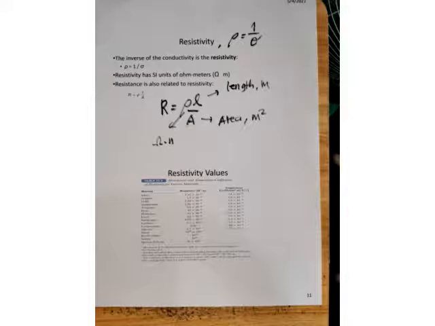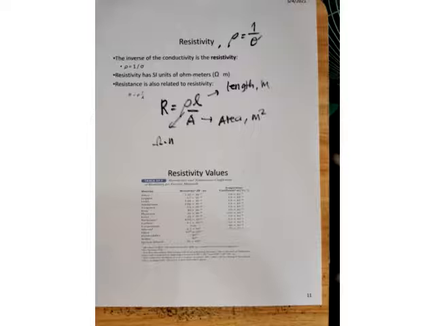So, ito yung mga values ng ating resistivity. Nandito sila. So, we have these common materials. Okay, ano yung may pinakamababang resistivity? Ayan, sunod-sunod naman sila. Ang may pinakamababa ay yung silver.